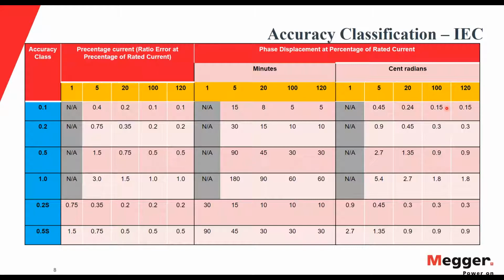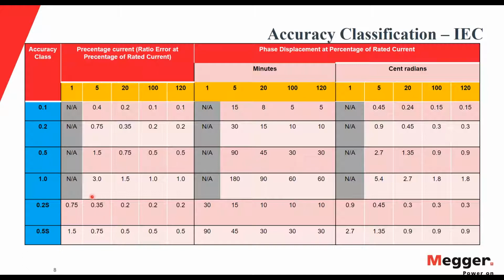So when I want to do testing for the ratio, I have to consider both my ratio as a magnitude and also my phase displacement. As other classes, we have 0.1, 0.2, 0.5, and 1% classification. As well, there are 2 special classes, 0.2S and 0.5S. These classifications give you a tighter, or lower, error range within the lower rated percentage range as well.